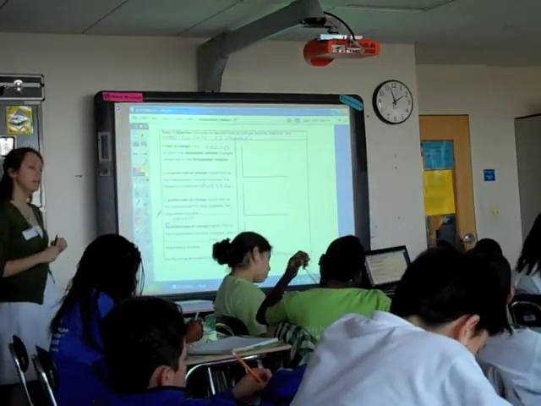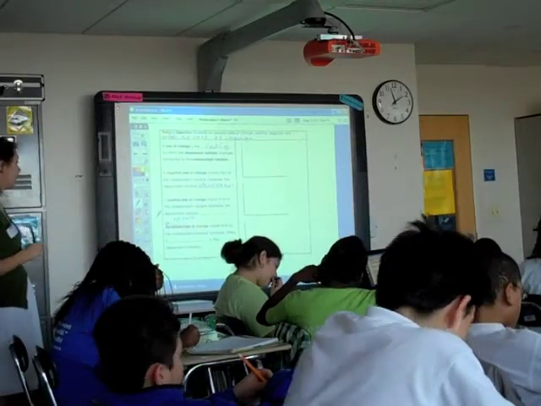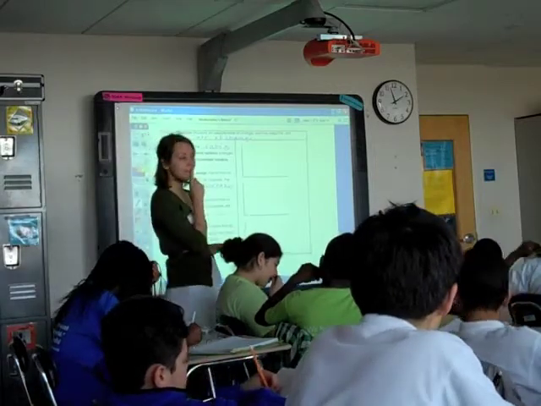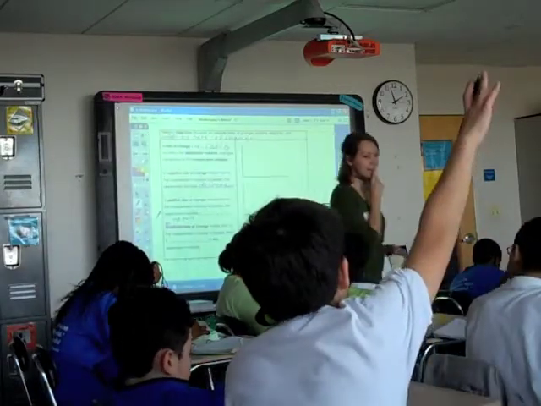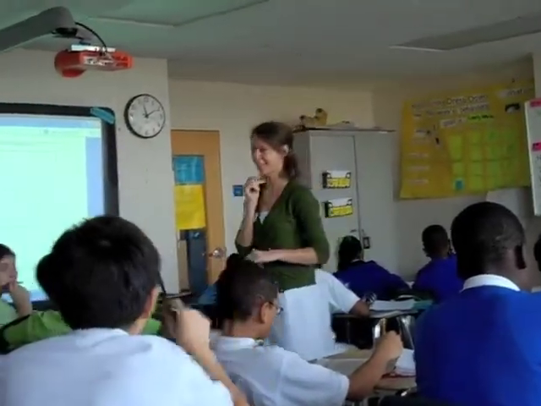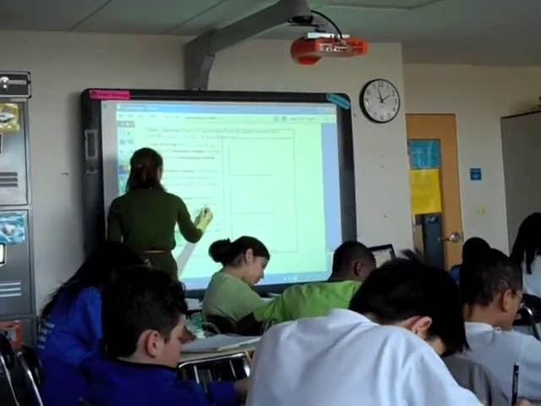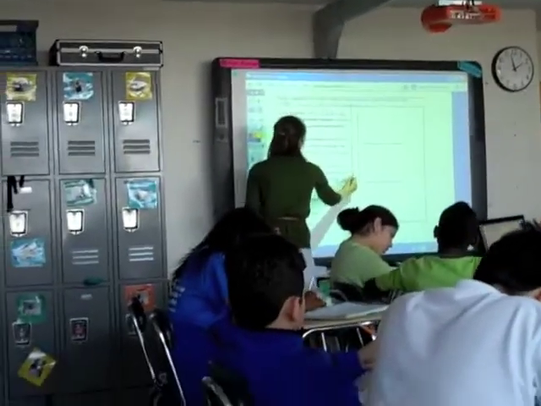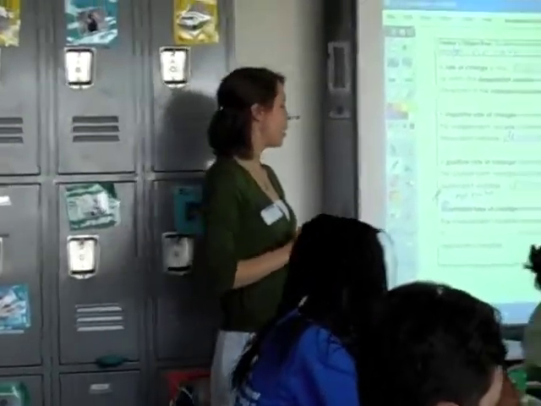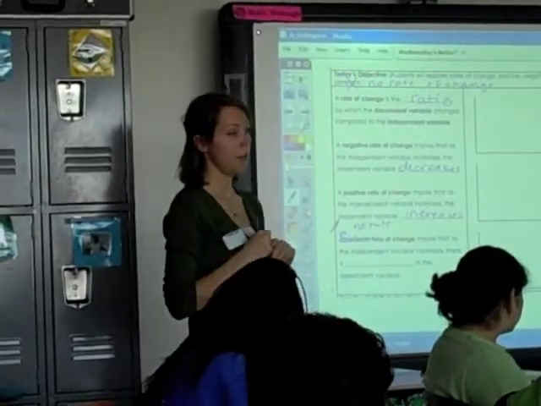And then a positive rate of change implies that as the independent variable increases, the dependent variable increases. Good. Then for something that has no rate of change, that implies that as the independent variable increases, there is blank in the dependent variable.